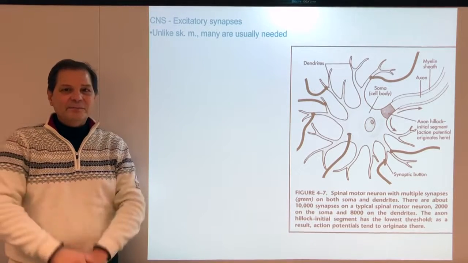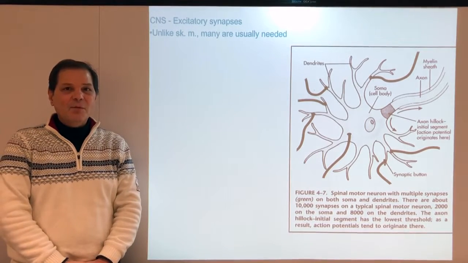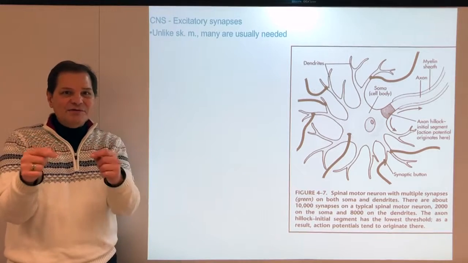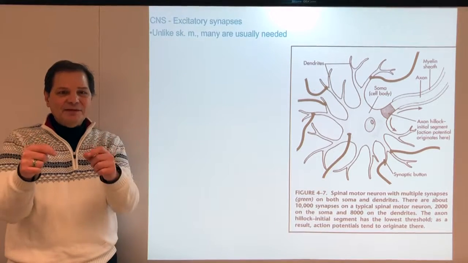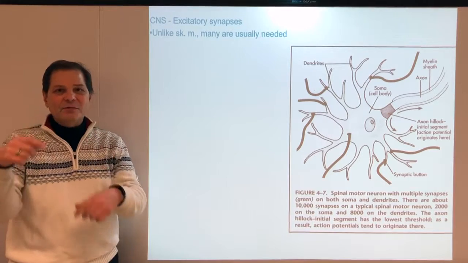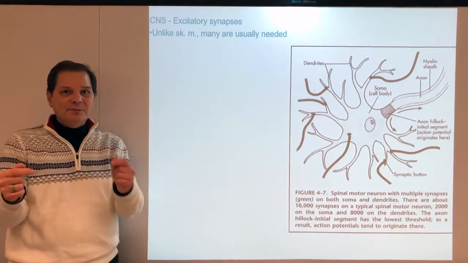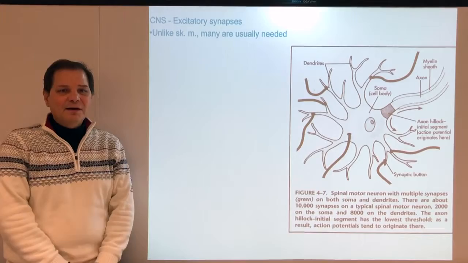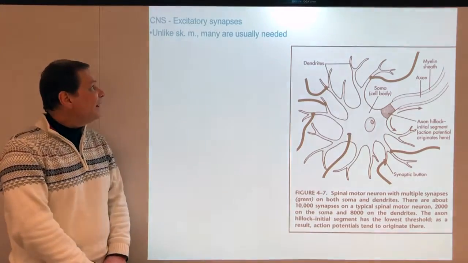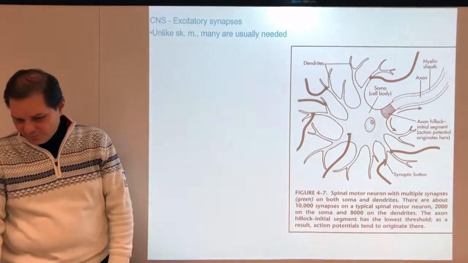Instead, you have a process of summation going on, which I'm going to describe in a moment, so that if you get a bunch of inputs and they excite the membrane enough, then you'll hit threshold and you'll fire an action potential. If there aren't enough inputs, then there'll be subthreshold, okay? And they won't fire an action potential.